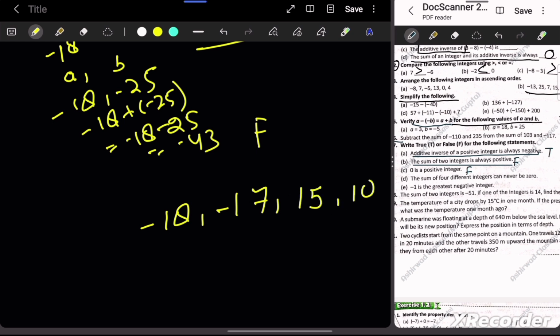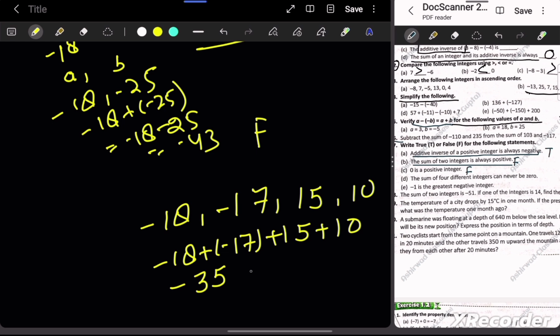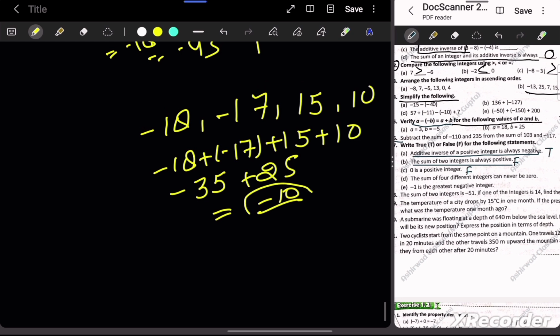The sum of four different integers, minus 18 plus minus 17 plus 15 and plus 10. Minus 18 and 17, 35. 10 plus 15, 25, equal minus 10. Answer is can never be 0. Here the point works, never be 0.